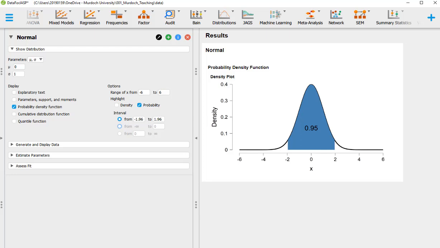So the probability that the random variable X will take a value between -1.96 and 1.96 is 95%. When we construct 95% confidence intervals, we are exploiting this characteristic of the normal distribution.